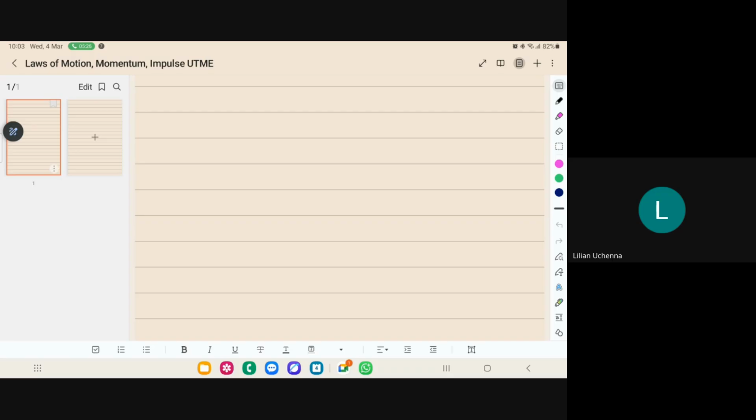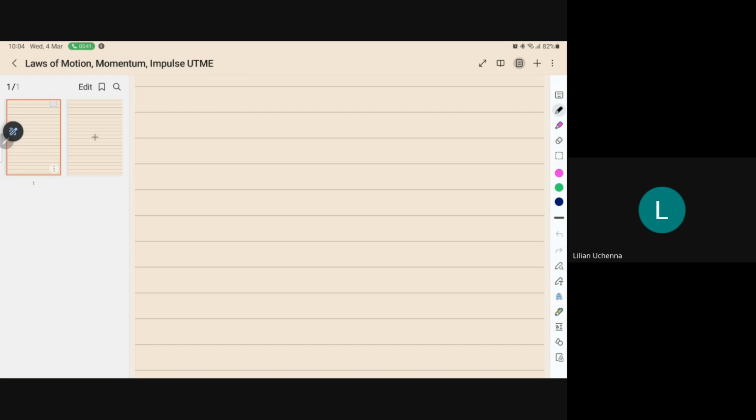Now, it is important to know these key things I'll be highlighting now. It's really important that even if we don't cover them, you should take that to heart, right? You should know that they are going to ask you basically the meaning and applications of Newton's law. So the first thing you need to know is the meaning and the applications.